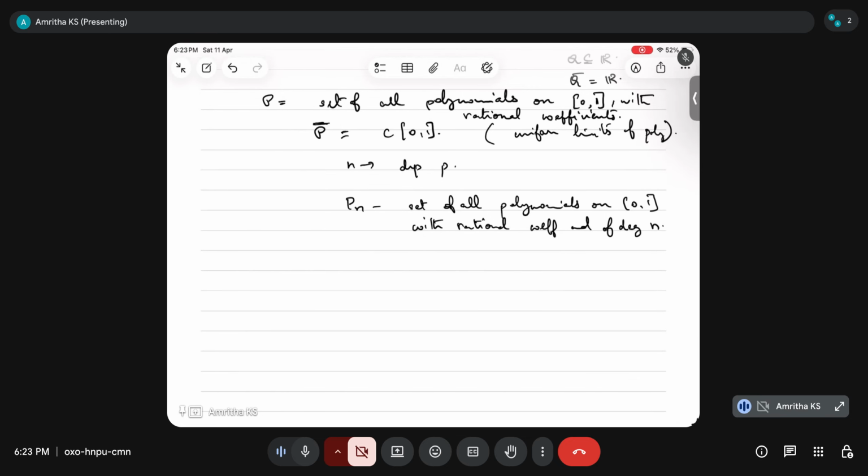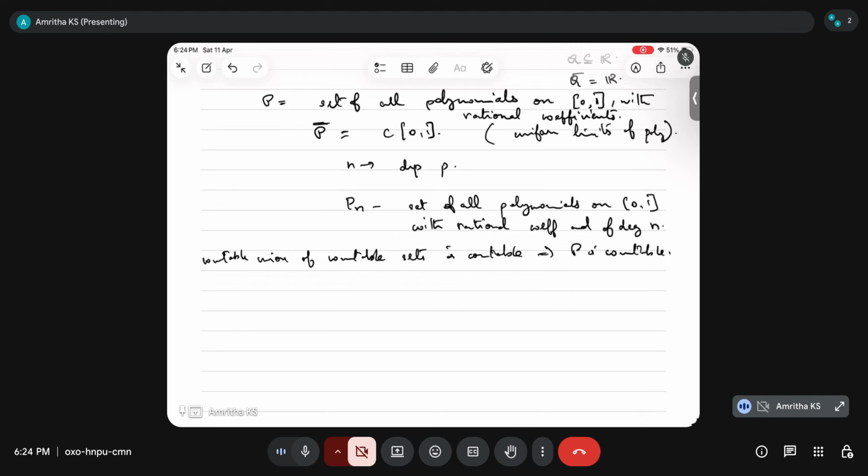Okay, once I have shown this, I know that a countable union of countable sets is countable, which implies that the set P is countable, right?